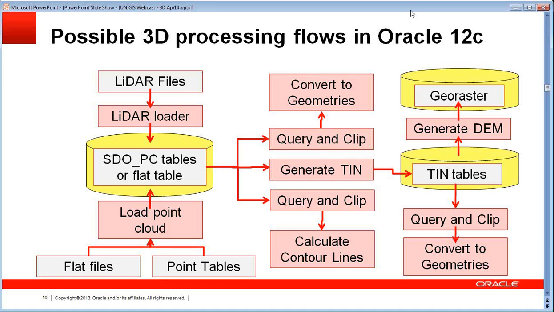Or you can do various other calculations on top of the raw data. You can extract geometries, you can do object recognition, or in the latest release you can also, for instance, calculate contour lines on raw point clouds, which can be quite useful, be it for visualization or be it for further analysis.